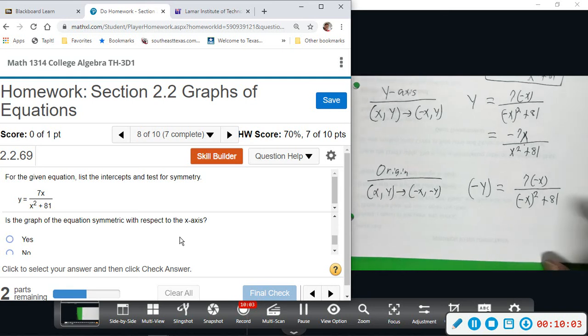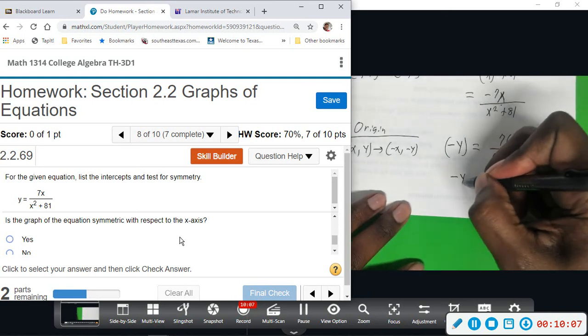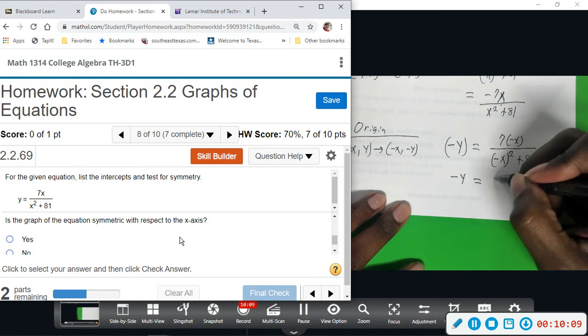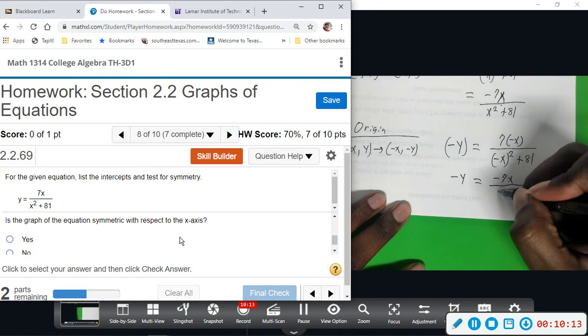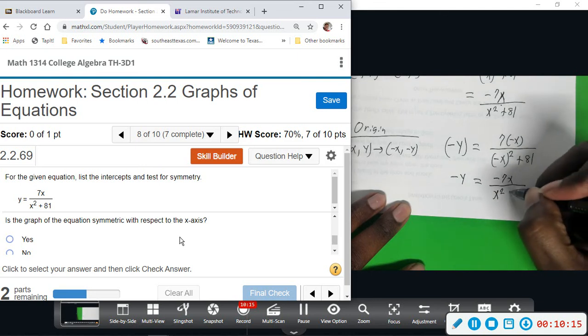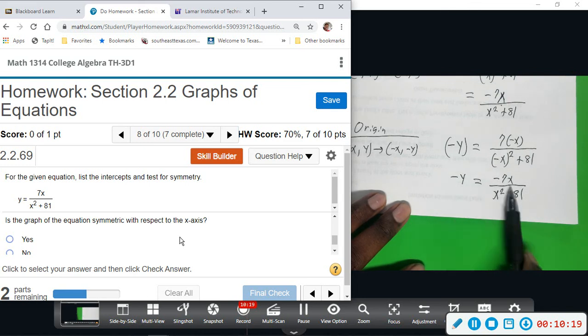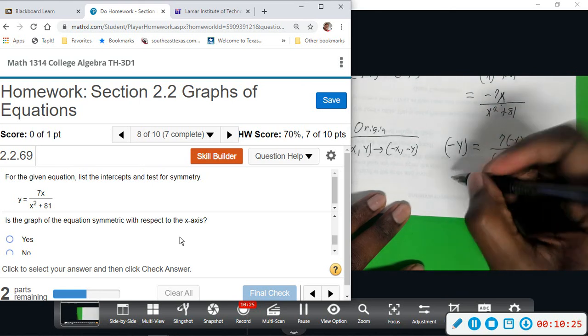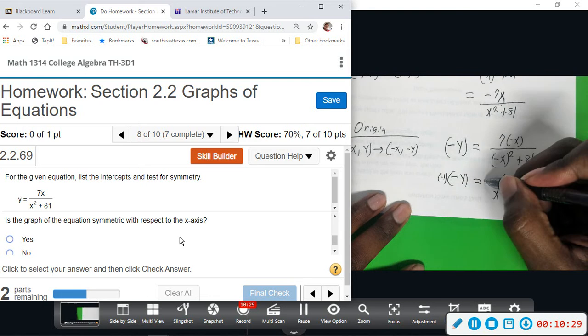So when you solve this, we get a negative y equals a negative 7x over x squared plus 81. So at first glance it doesn't look like it matches, but remember, we're not supposed to leave y negative. So we make this positive by multiplying by negative 1 on both sides.